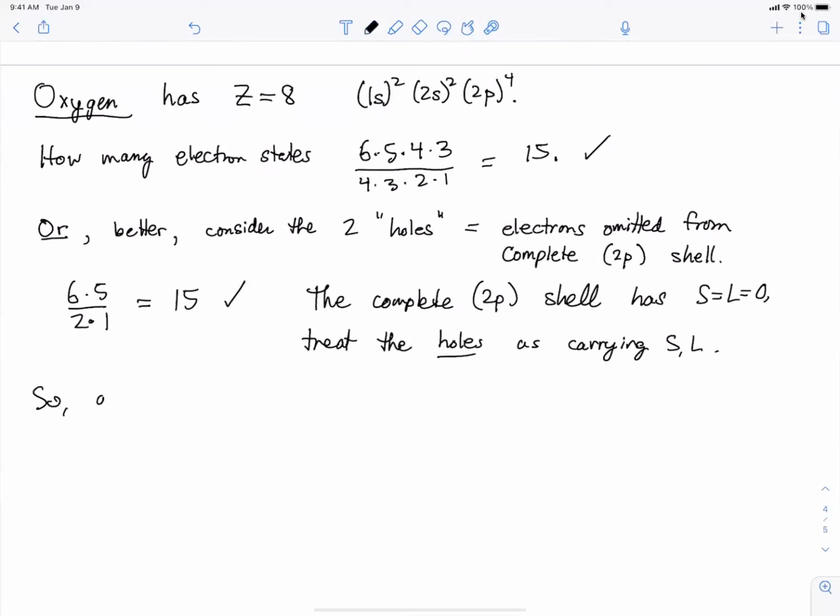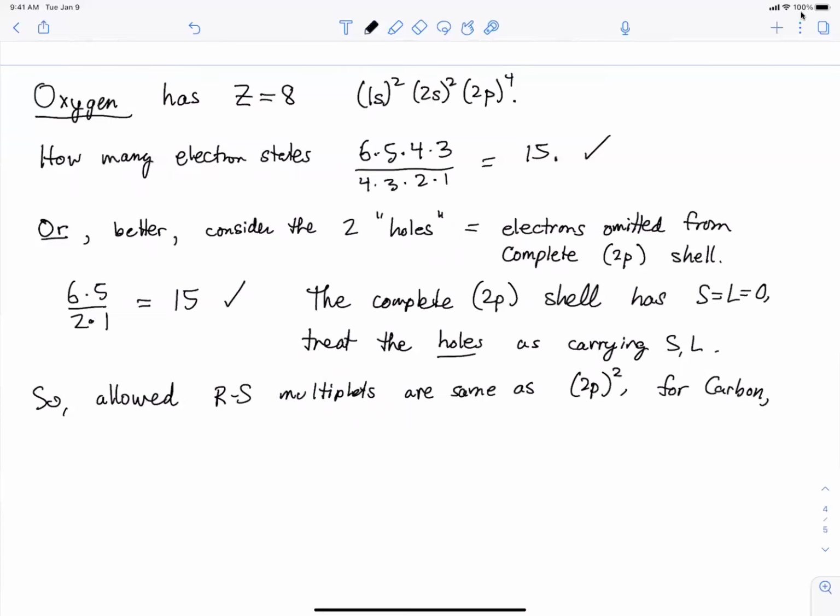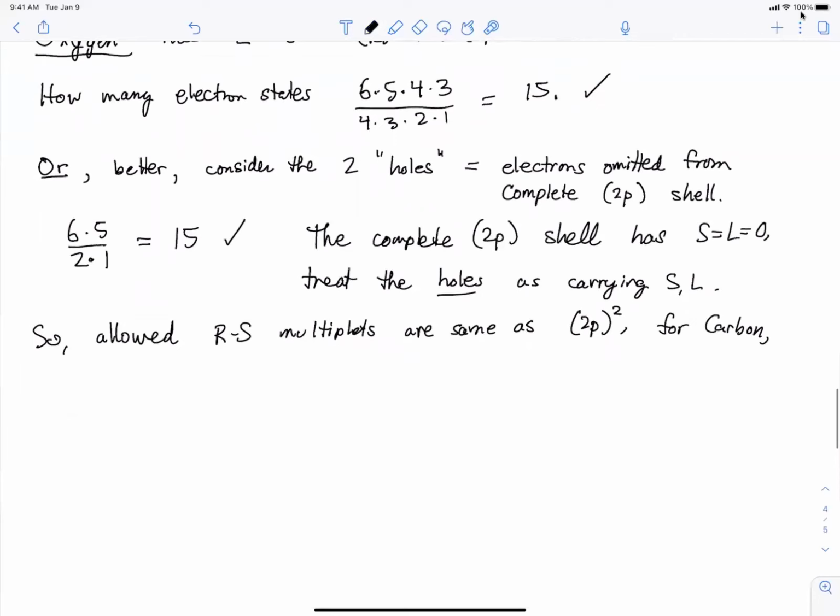Okay, so the allowed Russell-Saunders multiplets are the same as if it was 2p2, which is what we had for carbon, which we already did. And so we can just steal the result we got there for the possible multiplets.